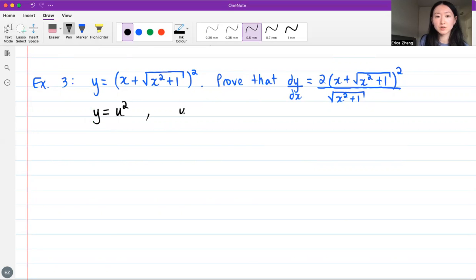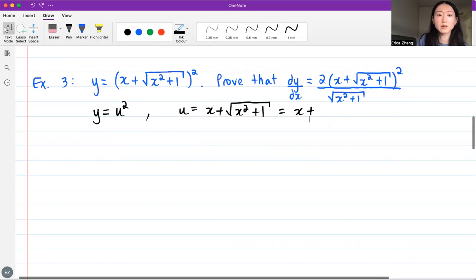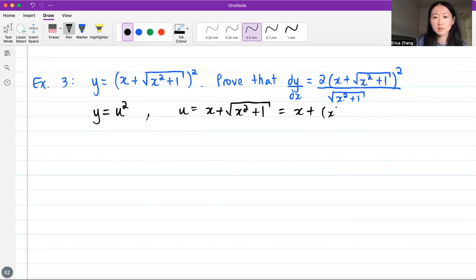We'll define u as the inside function, right? So x plus square root of x squared plus 1. And I'm going to suggestively write this as x plus x squared plus 1 to the power of 1/2, right?